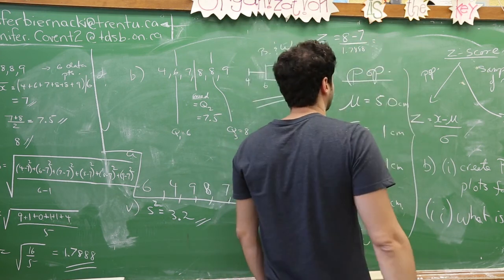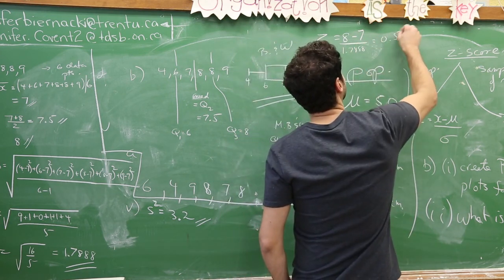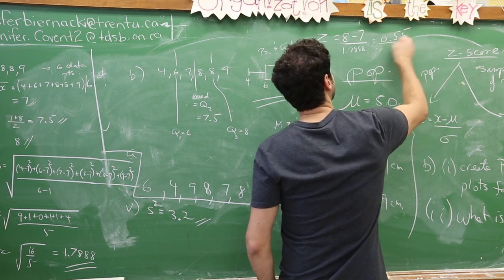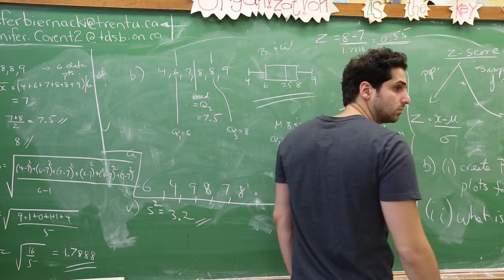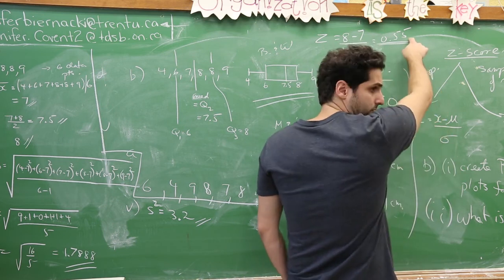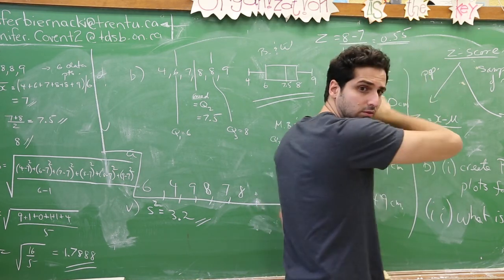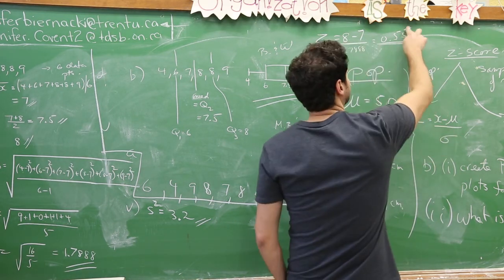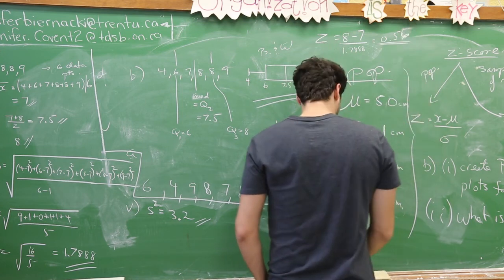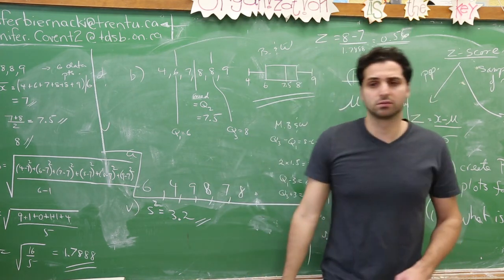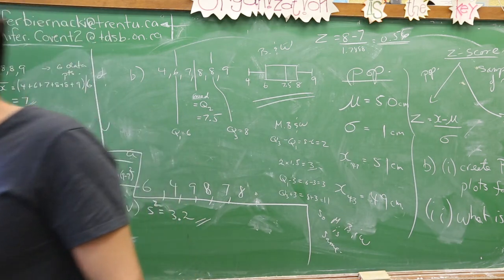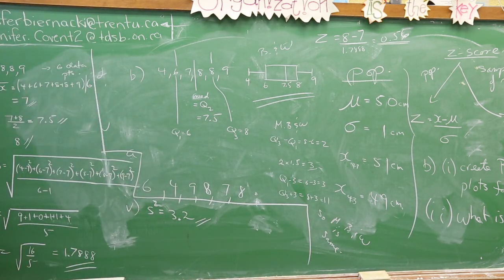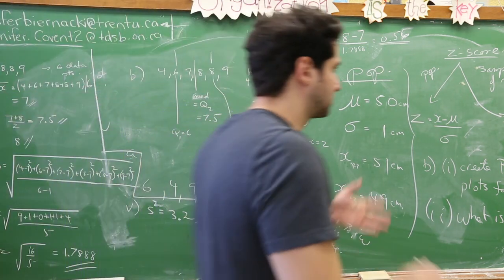What does that come out to? 0.55. Does it round to 5? No, it's supposed to round to 6. Does that make sense?